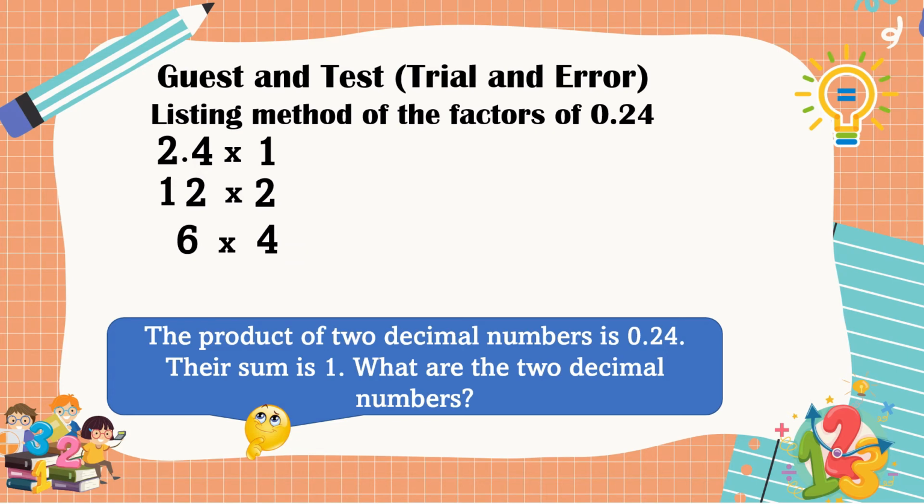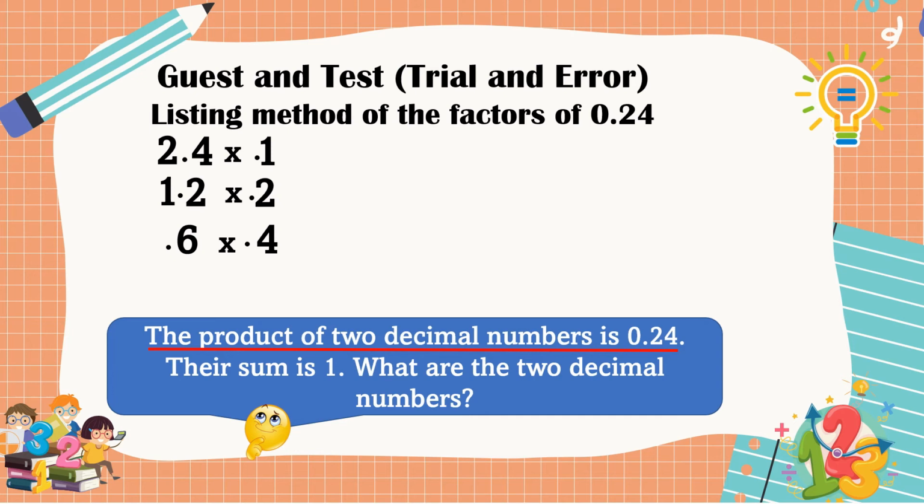Next, we're going to put the decimal point. So 2 and 4/10 times 1/10, 1 and 2/10 times 2/10, 6/10 times 4/10. In our problem, it is said that the product of two decimal numbers is 24 hundredths. So let's find out which factors satisfy our condition.